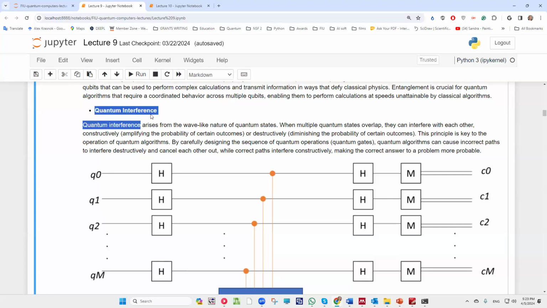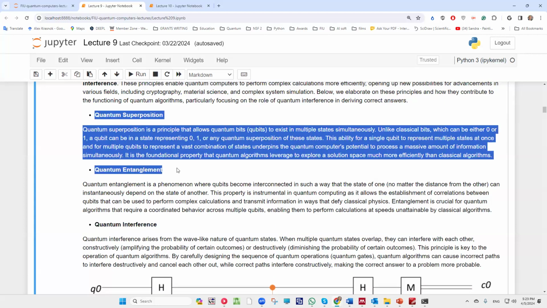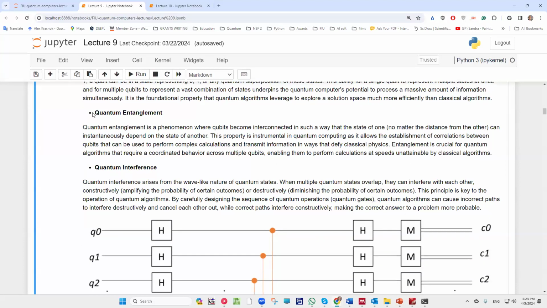So quantum interference is the main point relating to quantum algorithms. The other two are pretty much the same: we always generate qubits in a superposition, and we always entangle them with two qubit gates like CNOT gates and so on.